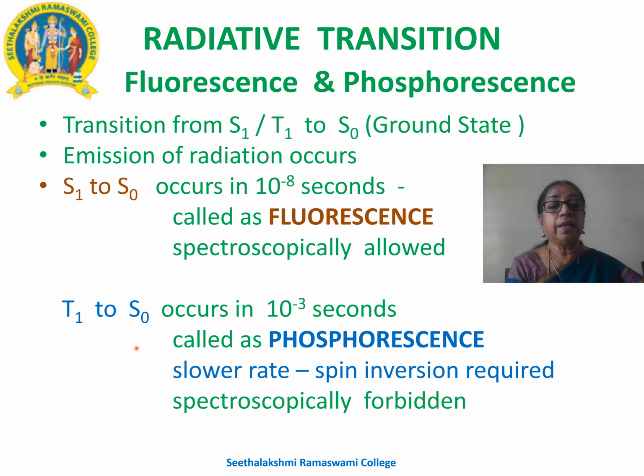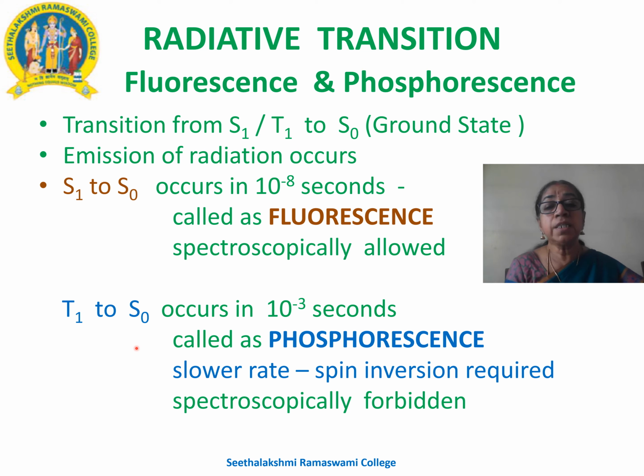If the electron in the triplet state wants to pair up with another electron in the ground state, it can get paired up only if its spinning moment is in the opposite direction, that is, anti-clockwise. Otherwise, the pairing will not be possible. So spin inversion must occur in the T1 state itself. Then only can it come back to the S0 state and pair up with the electron already present in S0.